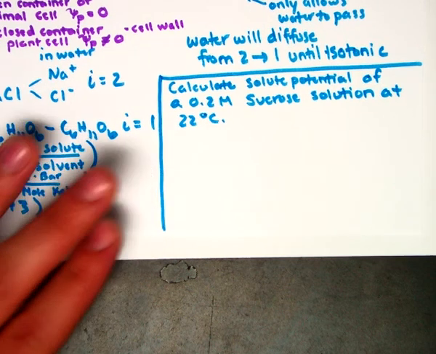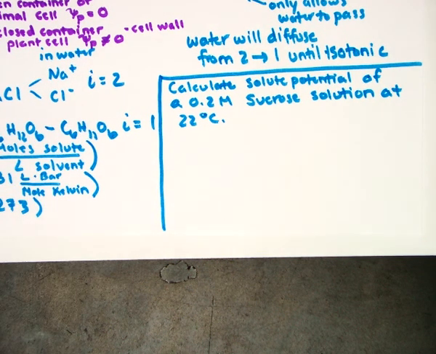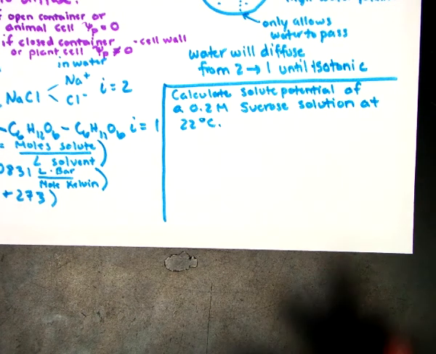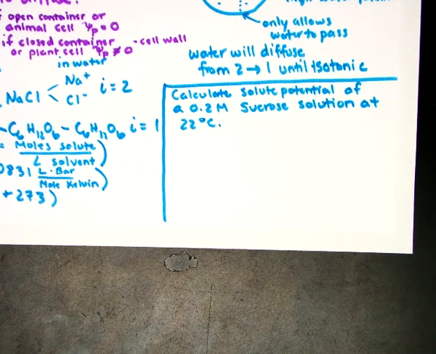Go ahead and work with your neighbor. Take, say, a minute and a half. See if you can calculate what's the solute potential of a 0.2 molar sucrose solution at 22 degrees Celsius. Give it a shot, and then we'll come back and do it together.